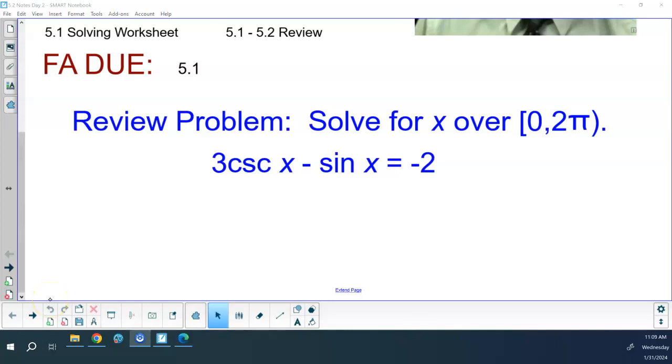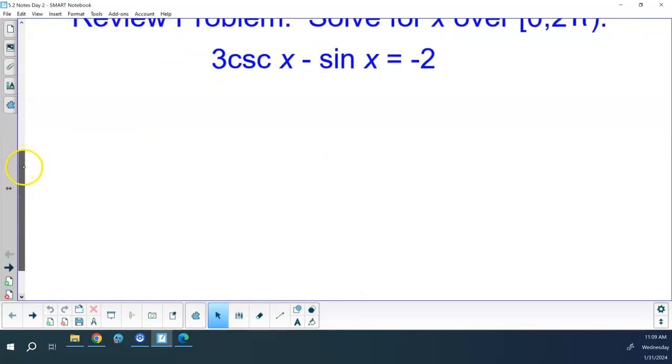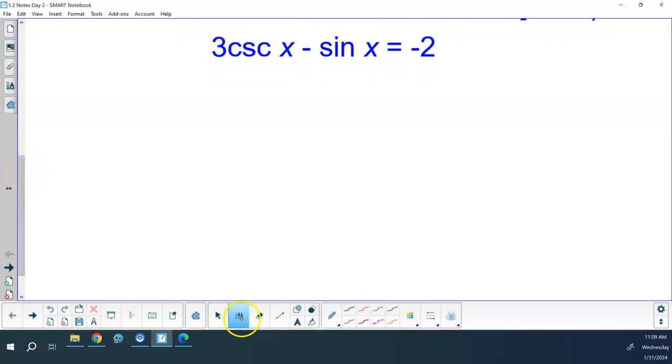Okay. So the first thing that I would do in this one is I would say that this is 3 over sine minus sine equaling -2. So I got it into one trig function. Then let's get rid of the fraction and let's multiply everything by sine.